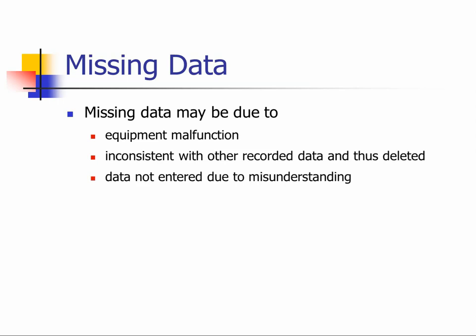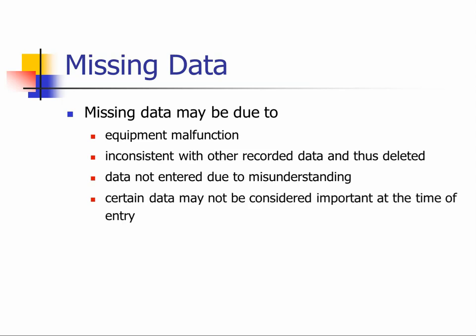Data may not be entered due to misunderstanding, so that's human error, and that happens all the time. Certain data may not be considered important at the time of entry, so the data coming from that source may totally ignore these values, while other sources do record them. When all the data are merged together, those values are ignored, and therefore we will have missing values in that spot as well.